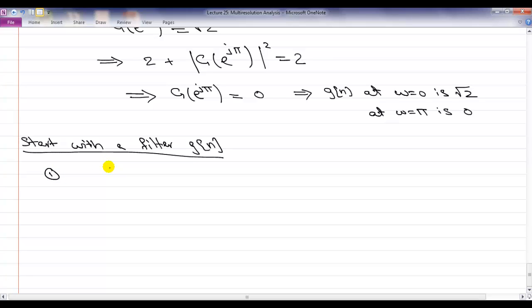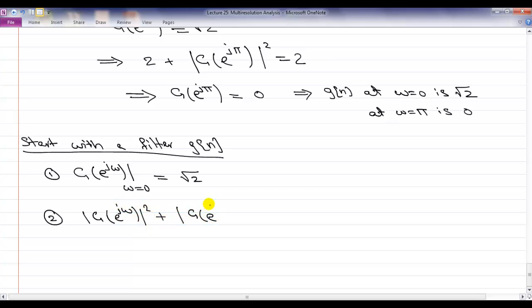I'm just trying to motivate these things and then moving forward. So the first property is that at little omega equal to 0, the filter response is square root of 2. The second property is this conjugate mirror property, that is equal to 2, which automatically implies that the filter response at pi equals 0.